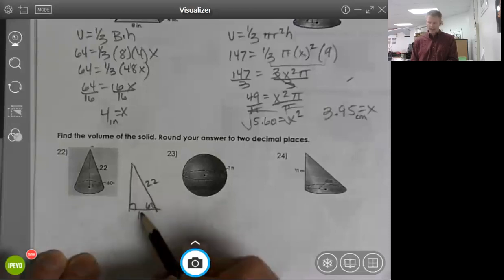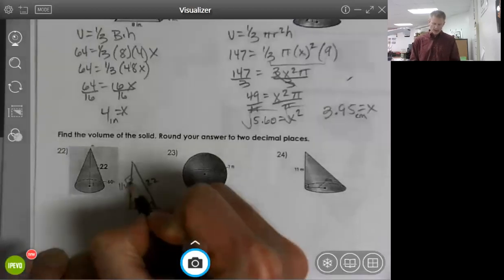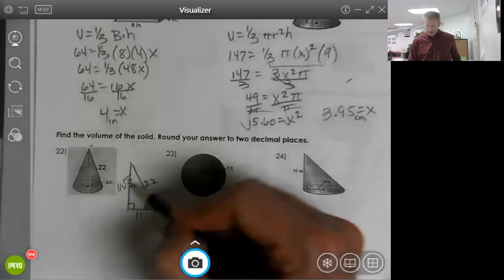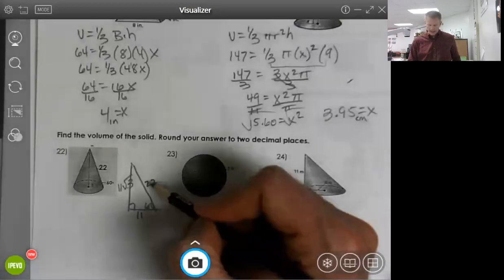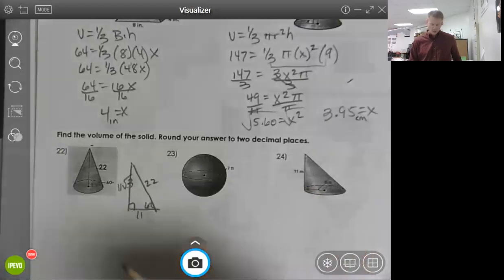The short leg is always half of the hypotenuse. It's going to be 11. And the long leg is going to be 11 root 3. Some of you may have solved it using trigonometry, opposite over hypotenuse, using sine of 60, and you got 19.05. But 11 root 3 is more accurate.